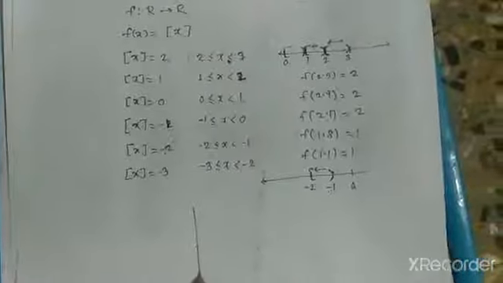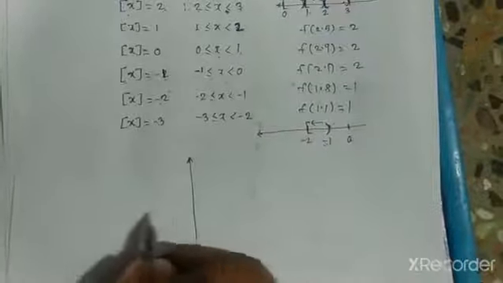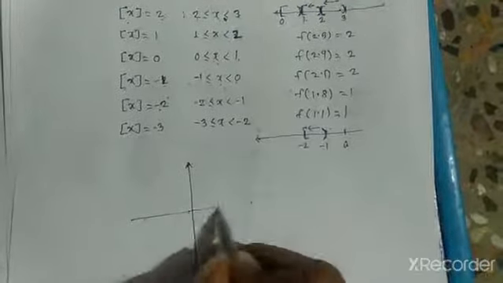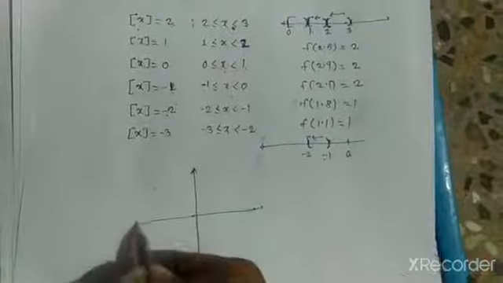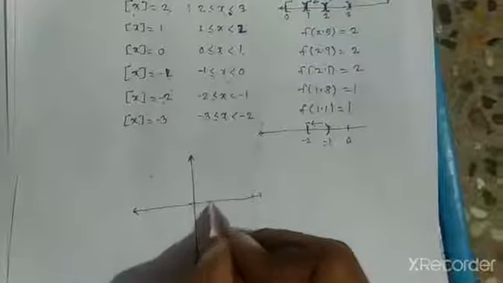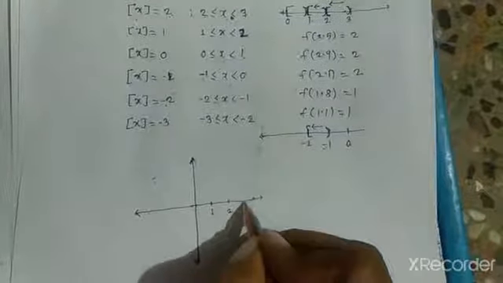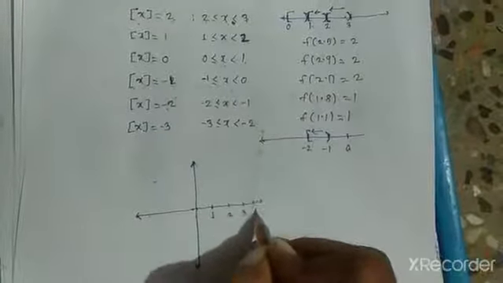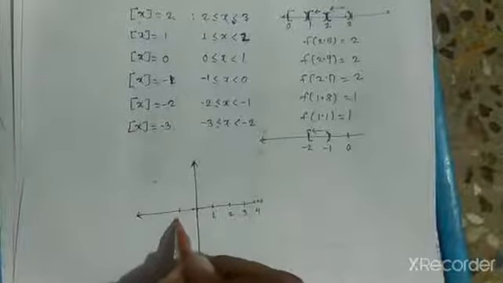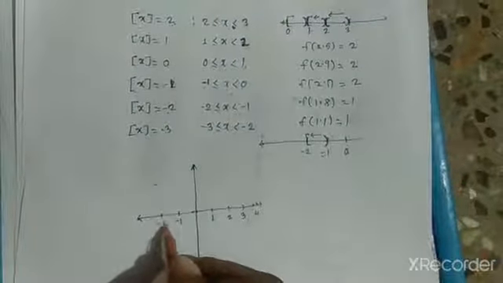Okay, now if we draw a graph related to this, it will look like this. We consider this as the y-axis and this as the x-axis. Now for the positive side we plot points 1, 2, 3, 4, and for the left side -1, -2, -3.